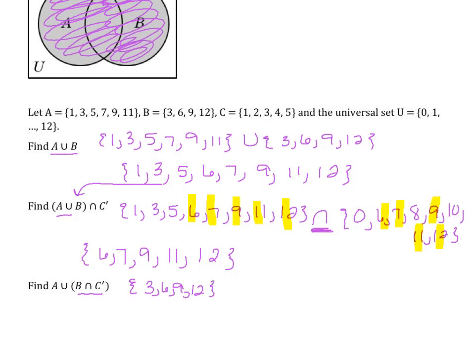The items that are not in C, we listed over here. The items not in C are 0, 6, 7, 8, 9, 10, 11, and 12. It's asking us to find what they have in common. So they have 6 in common, 9 in common, and 12 in common.